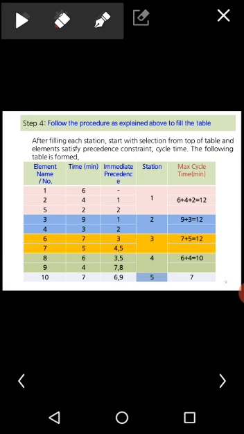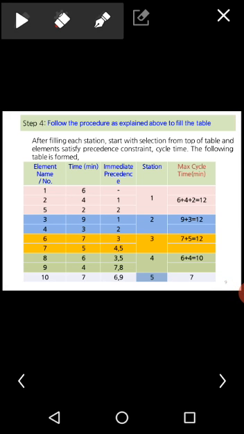Then next we can go for station number 4. The elements which are not considered, we can consider now in station number 4. Element number 8, the time for element 8 is 6 minutes and its precedence is 3, 5. After completion of element 8 we can go for element number 9 and its time is 4 and its immediate precedence is 7, 8.